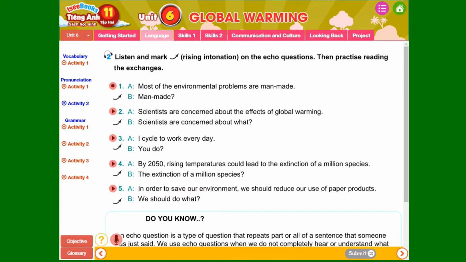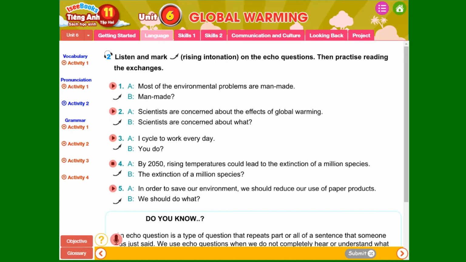1. Most of the environmental problems are man-made. Man-made? Man-made. 2. Scientists are concerned about the effects of global warming. Scientists are concerned about what? Scientists are concerned about what? 3. I cycle to work every day. You do? You do? 4.